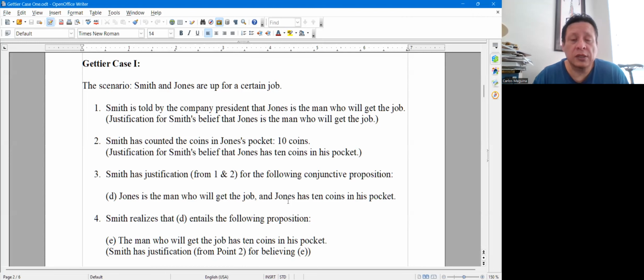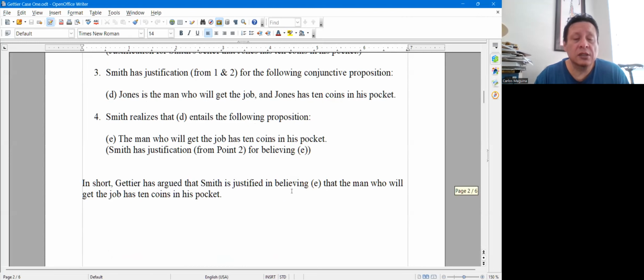As I say down here, this is what Gettier is initially trying to establish, and I think he's established it. I believe E, as stated here, is true: that Smith is justified in believing the man who will get the job has 10 coins in his pocket.